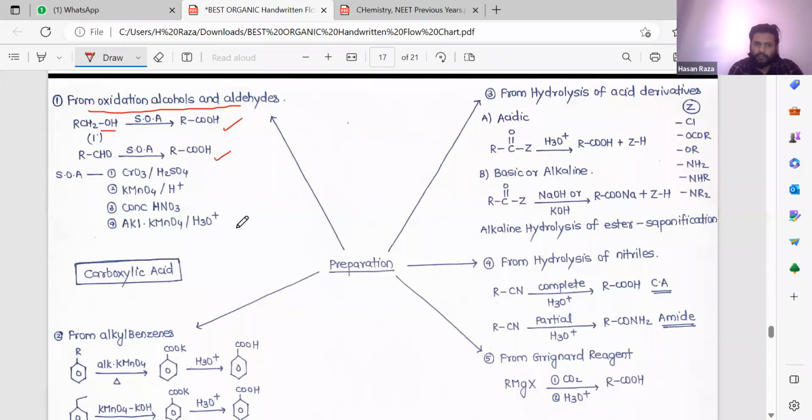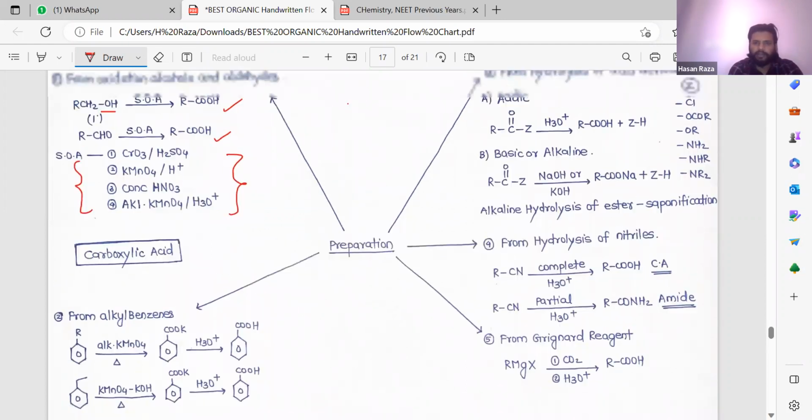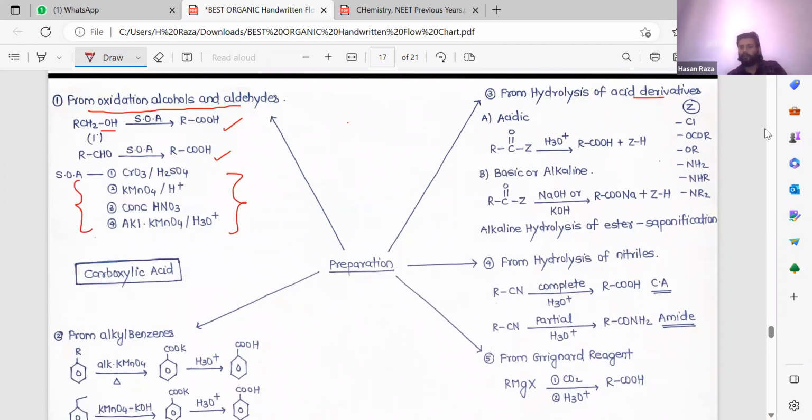And there is a list of strong oxidizing agents. Then from the hydrolysis of acid derivatives, so this will be your acyl halide and all, basic or alkaline, everything is given here, nitriles, from alkyl benzenes and everything. Are you able to understand it? Just look at this screen and let me know if you are having any problem.